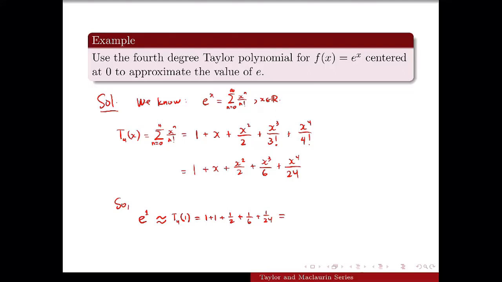We have 2.5 plus 1 over 6 plus 1 over 24. So I got 2.708333 dot dot. That's the approximate value of e.